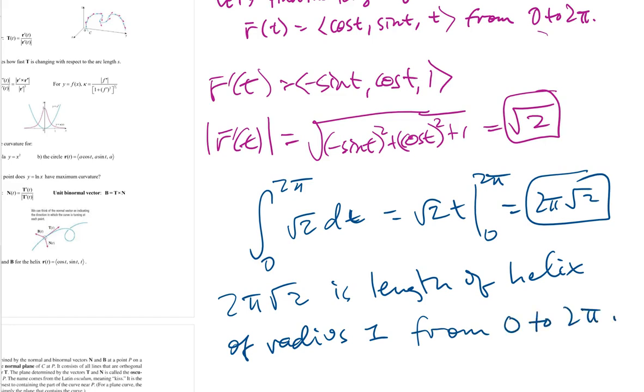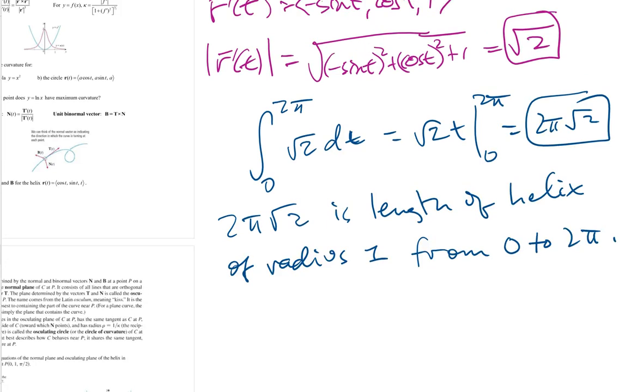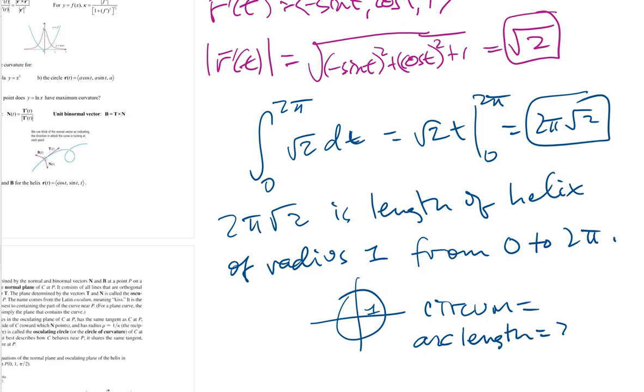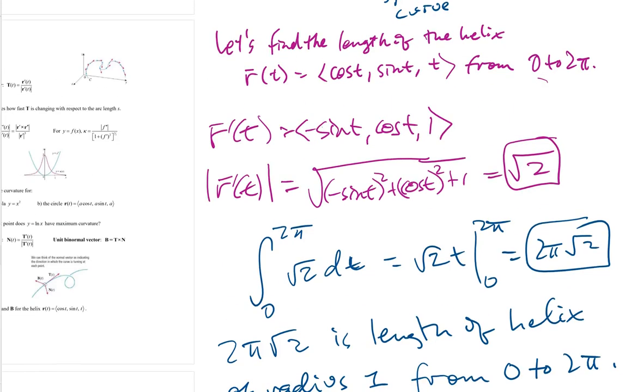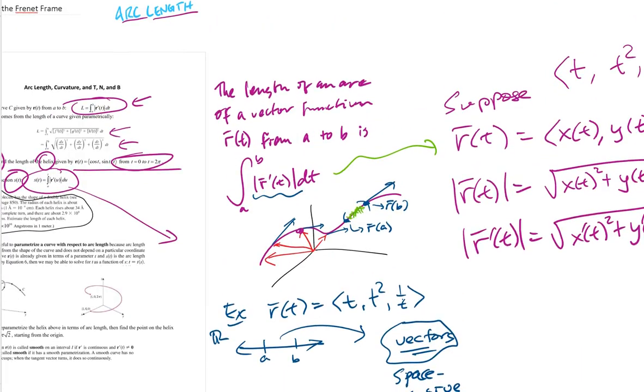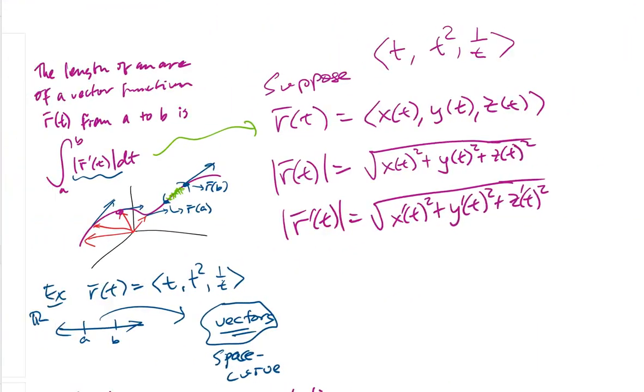Now, if we had just a circle of radius 1, then the circumference or the arc length would be 2 pi r, or in other words, 2 pi, because r would be 1 here. R is 1 in this helix because the coefficient of sine and cosine is 1.